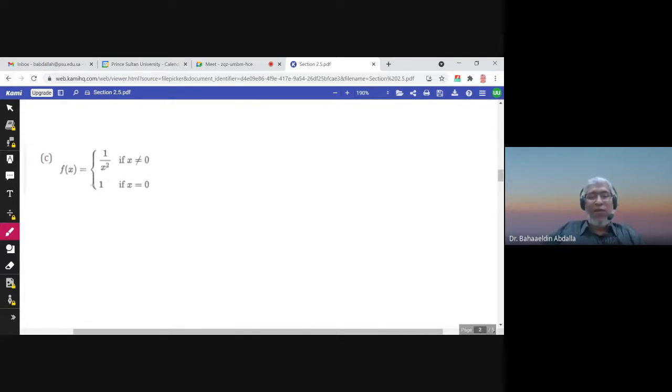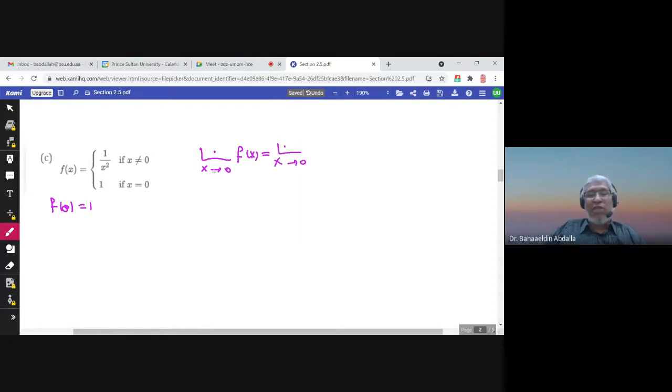Again, another function. This function is not defined at 0, but f of x is defined at 0. If I ask you, what is f of 0? f of 0 is 1. Well, let us find the limit when x approaches 0 to check whether the limit exists or not.